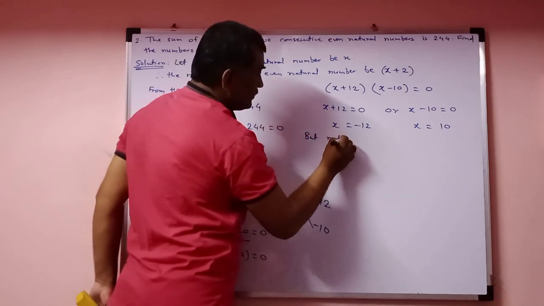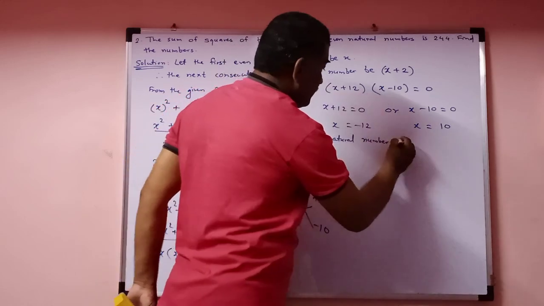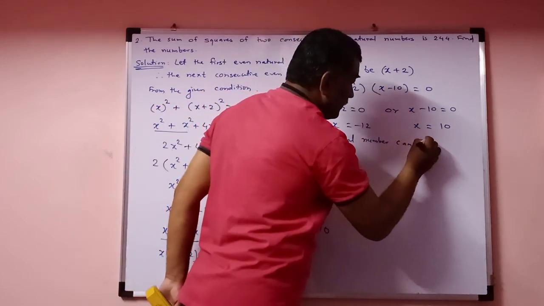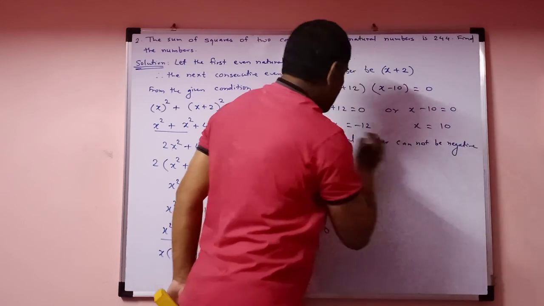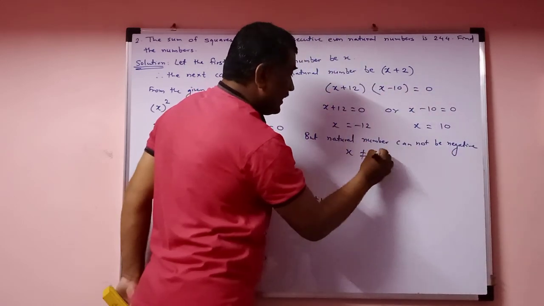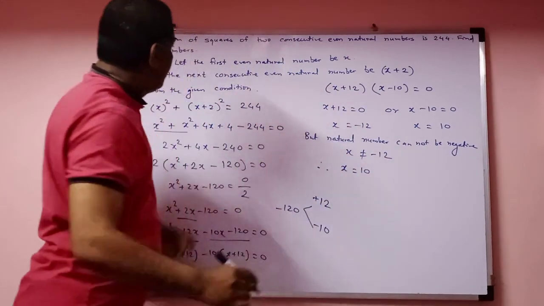But natural number cannot be negative. x is not equal to minus 12, therefore x is equal to 10.